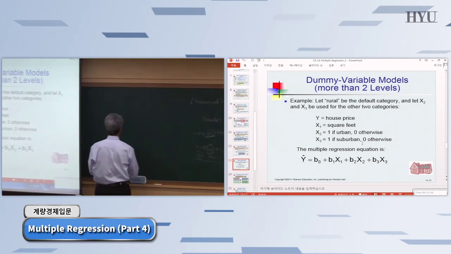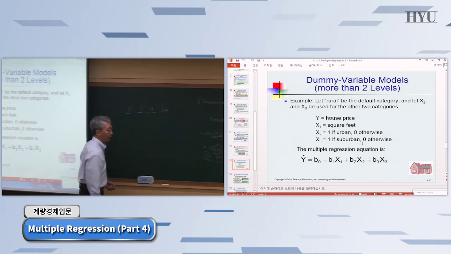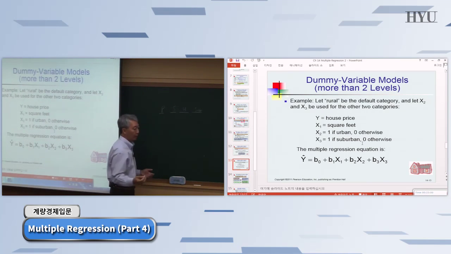So here we have price, size, and urban, suburban. Suppose you have collected information on, say, 50 different houses, 1, 2, 3, down to 50. And you have the price information for each house, size information for each house.